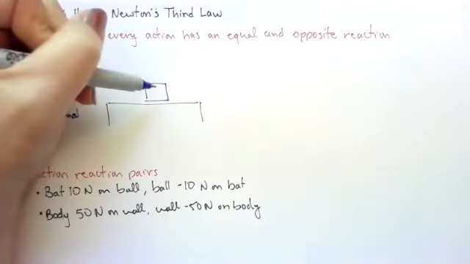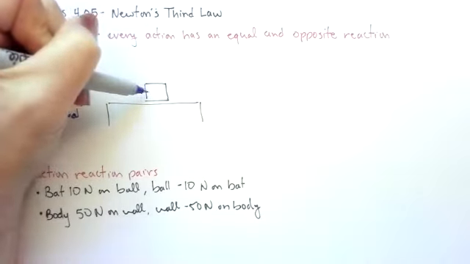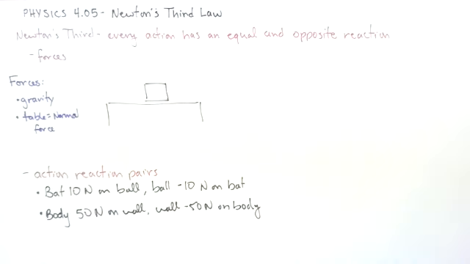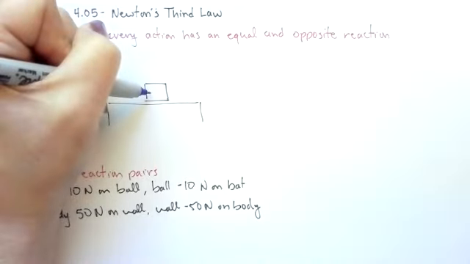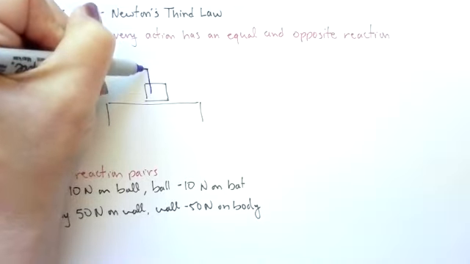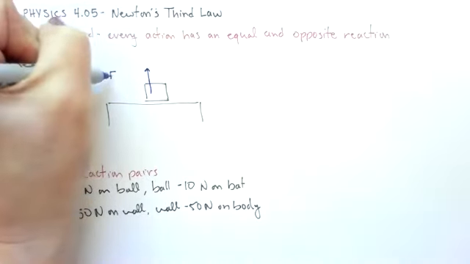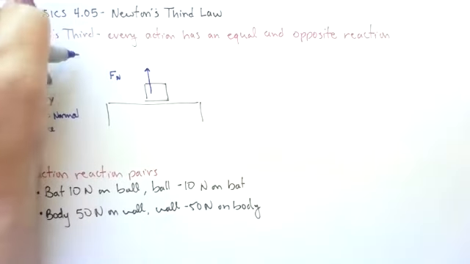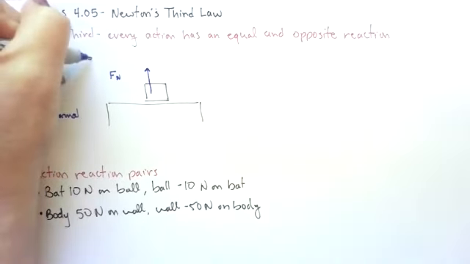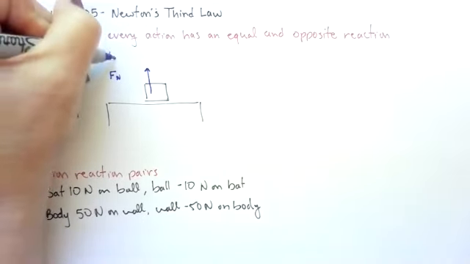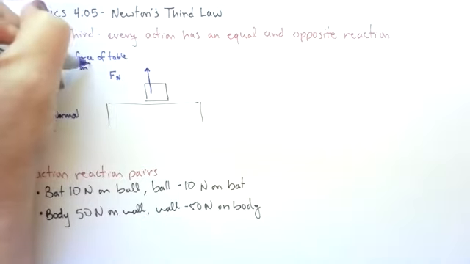All right, now usually everything has to be drawn from the center, but I'm going to put one set of forces here and one set of forces here to make it a little more understandable. So we have the normal force, which is the force of the table on the box.